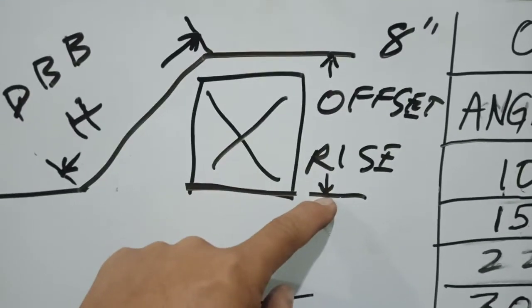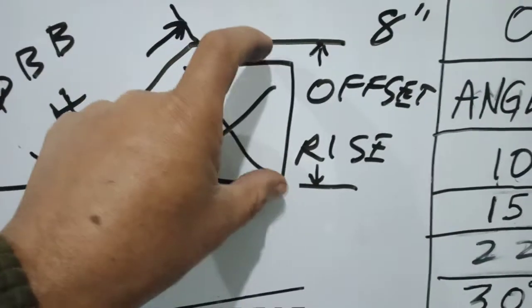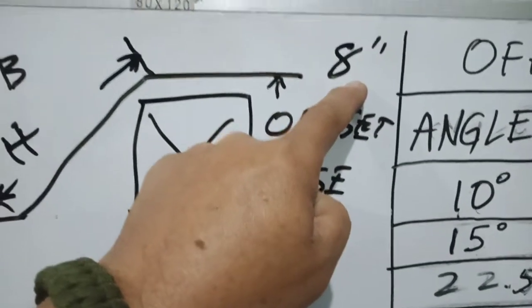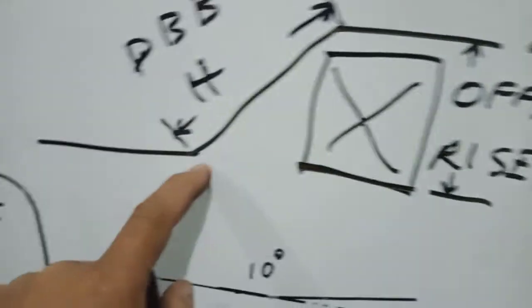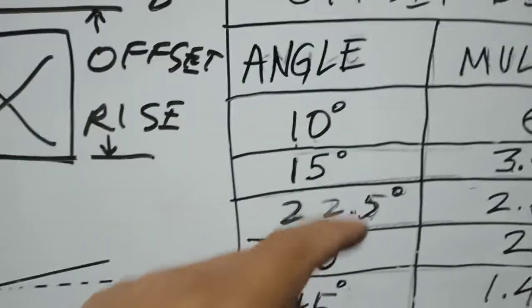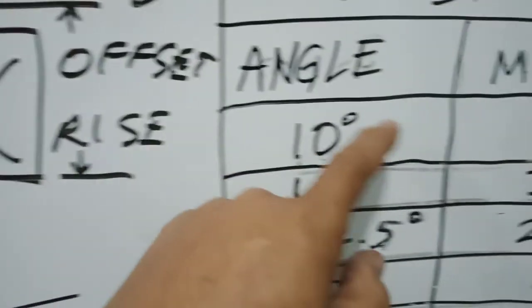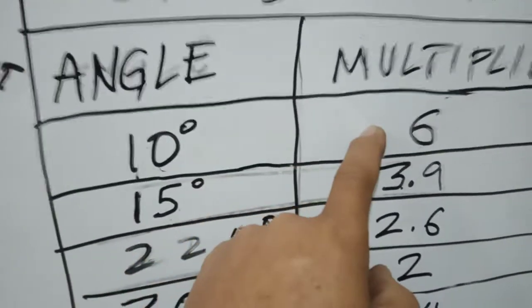If the offset rise, the height of the obstruction, is 8 inches, and we are going to utilize lower bends and upper bends, let's say 10 degrees for each bend, then we use the multiplier of 10 degrees.